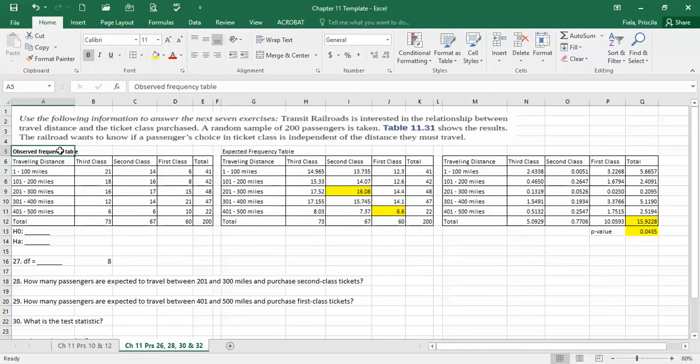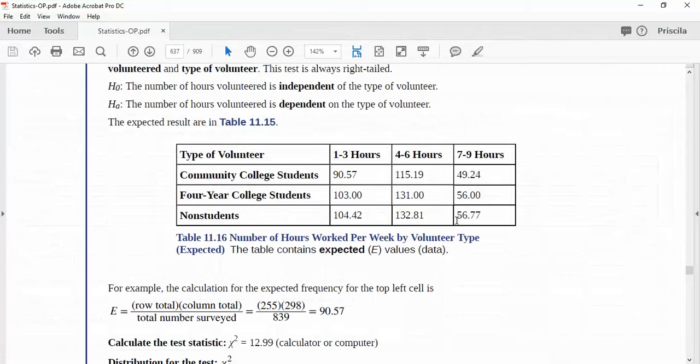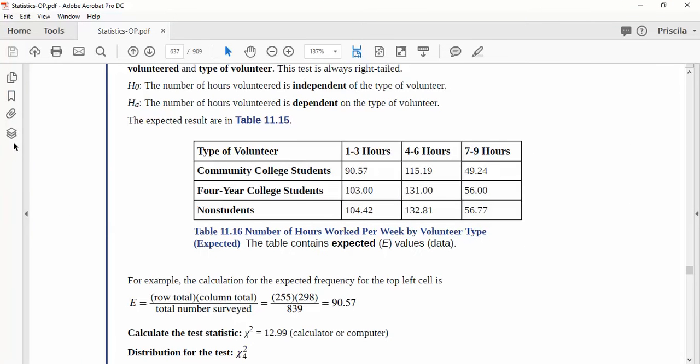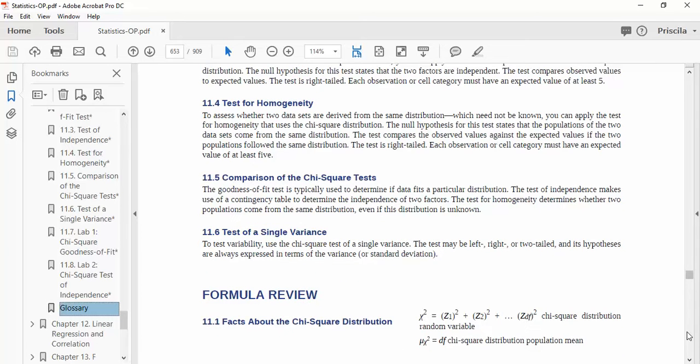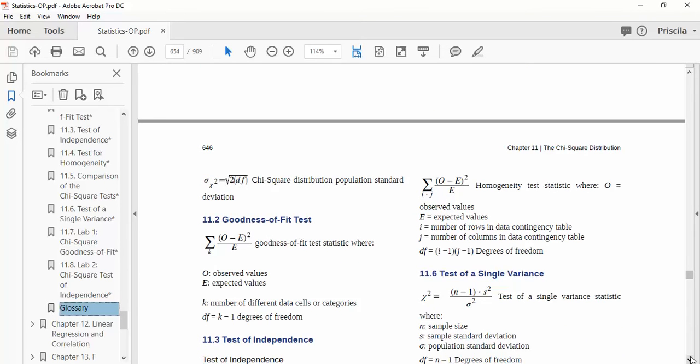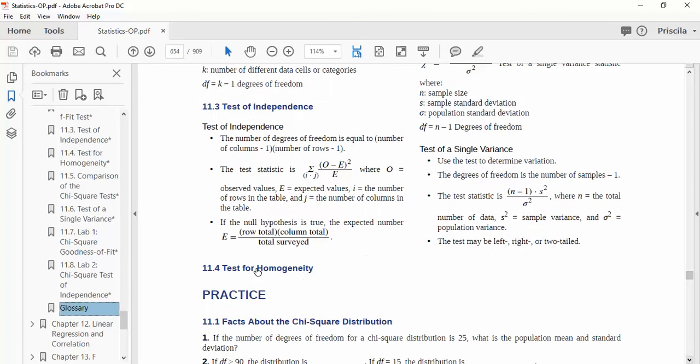Remember, you need to observe and expected. For the formulas you're going to be using, you can go to the summary of the chapter, as I always ask you to look at it. So we're going to be looking for the test of independence right here.